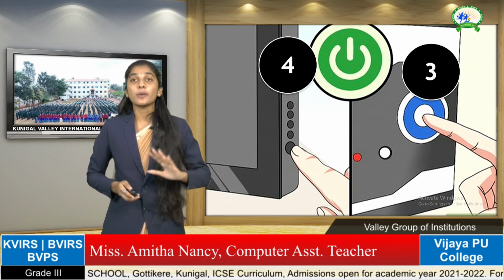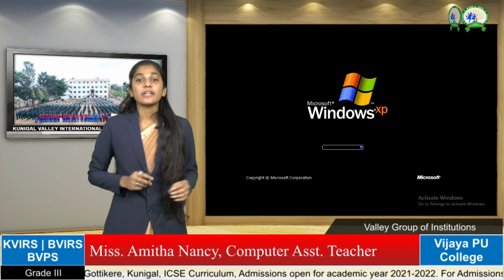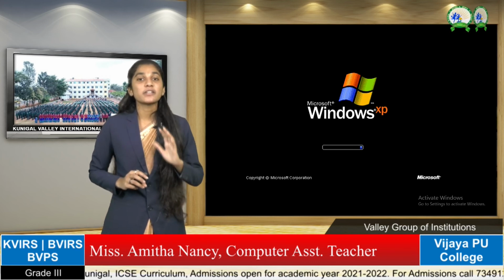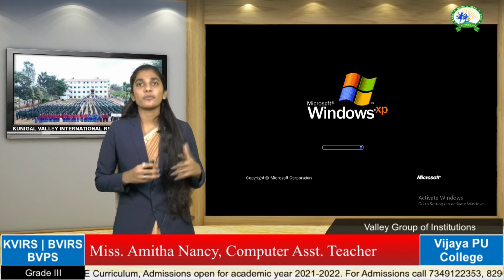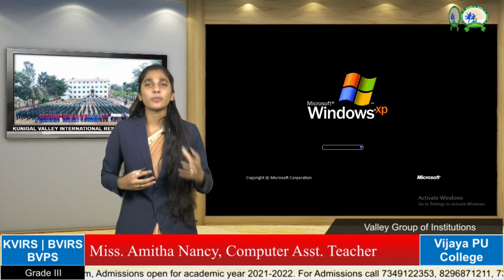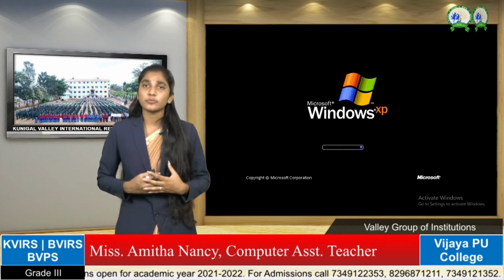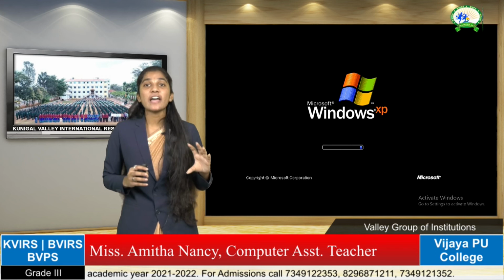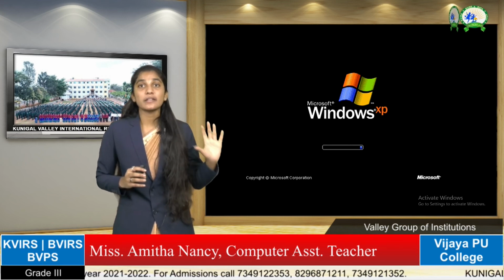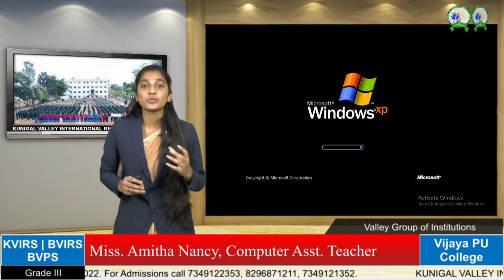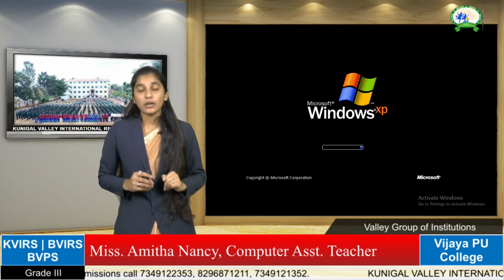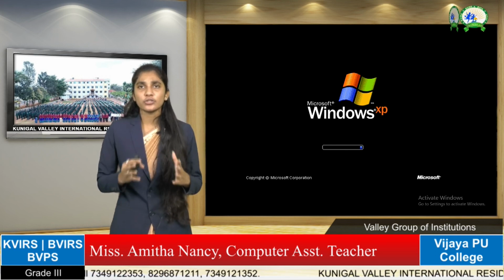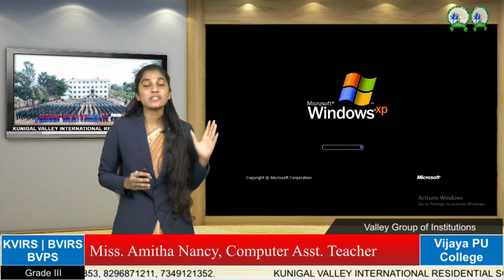Then only your computer is on. Then it will display a screen like this, Windows XP or Windows 7, whatever your computer or laptop contains. This process, the starting of the computer, is known as booting.